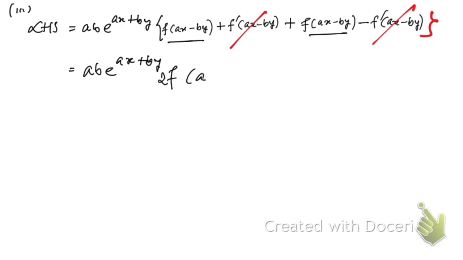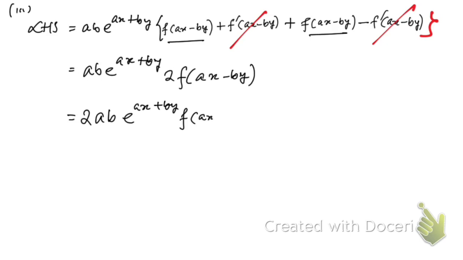So here we're going to get 2 into f of ax minus by. So here we can write 2ab e to the power ax plus by into f of ax minus by. That is what we're going to have.